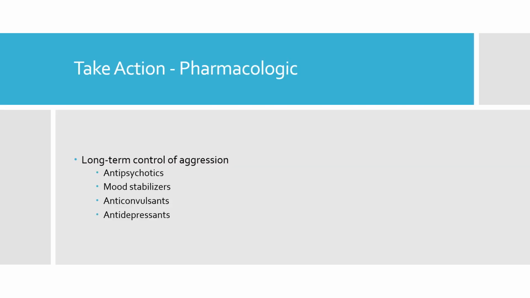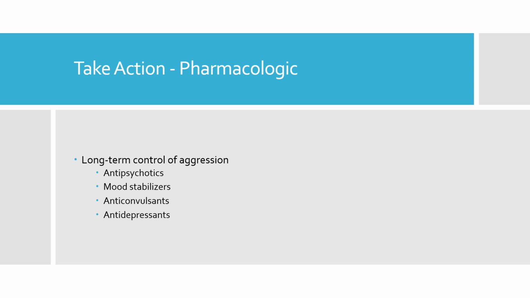So if non-pharmacological does not work, then we have to move into pharmacological actions. So long-term control of aggression, the patient maybe has been physically restrained. We may need to administer some type of sedating medication, such as lorazepam or haloperidol, which are very common.